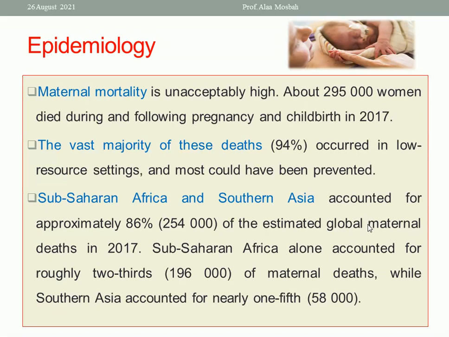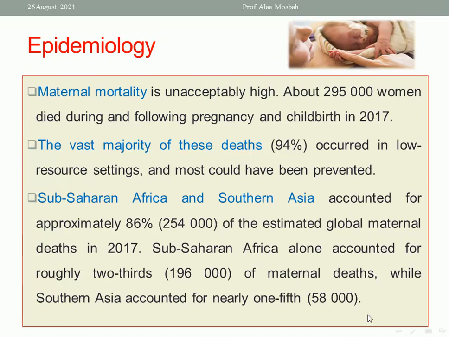So there were about 295,000 women who died during and following pregnancy and childbirth in 2017. The vast majority of these deaths, 94%, occur in low resource settings, and most could have been prevented.